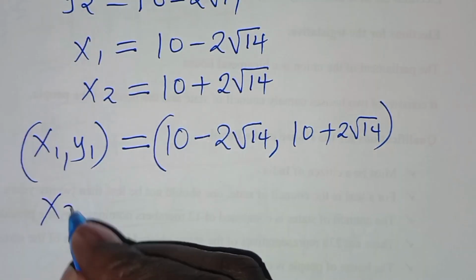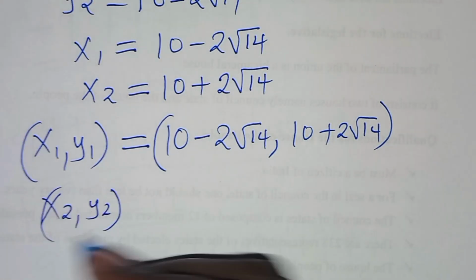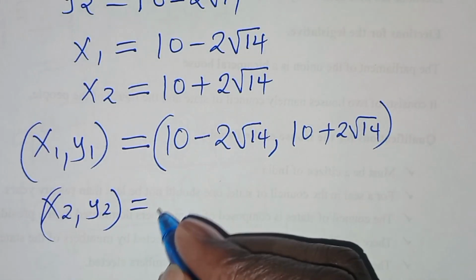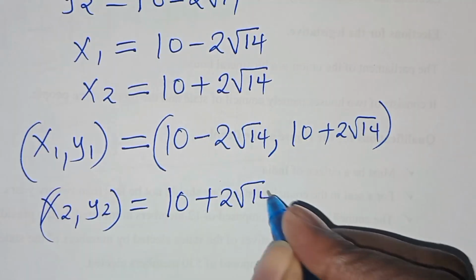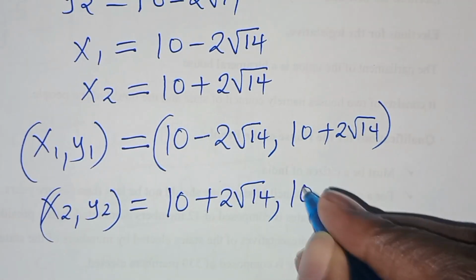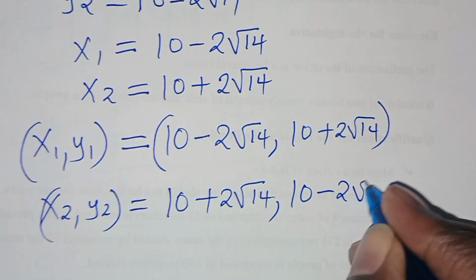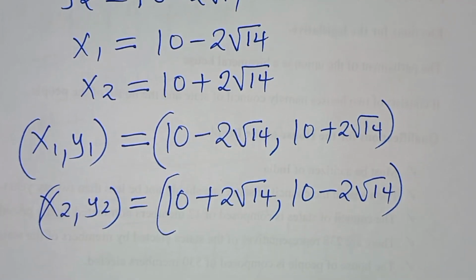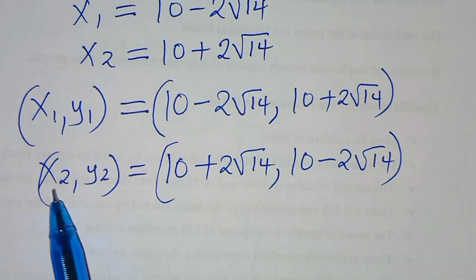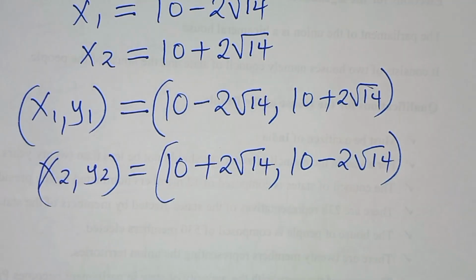So x2, comma, y2, is equal to, now here we have x2 as 10 plus 2 square root of 14, and then y2 is 10 minus 2 square root of 14. Now, these are two sets of solutions. That is x1, y1 and x2, y2. These are two sets of solutions.